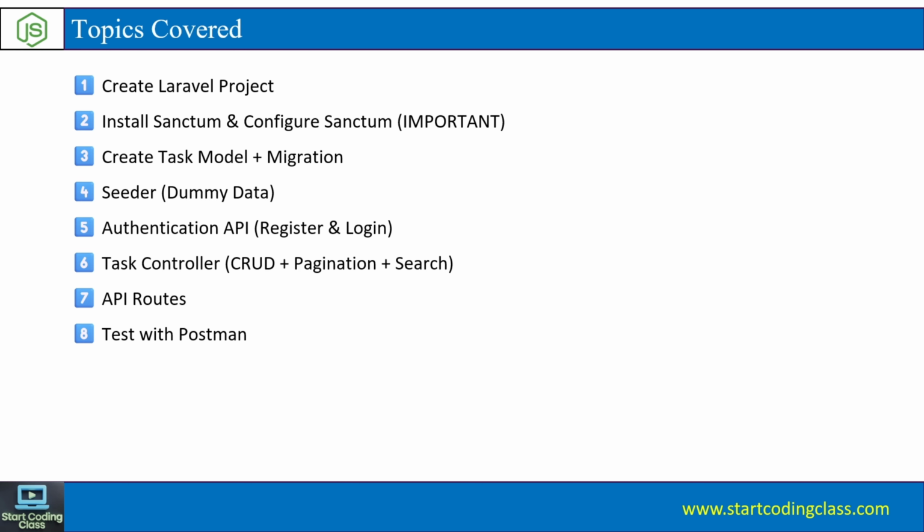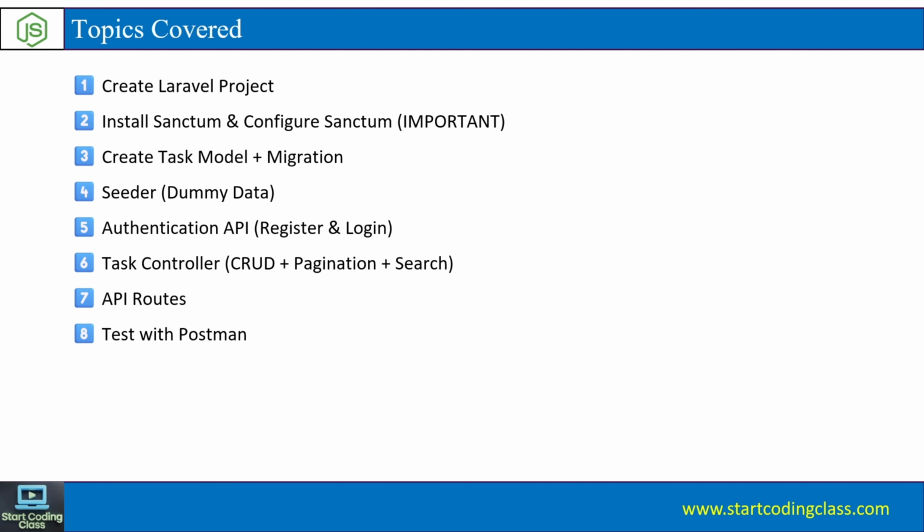We will create a task module and a migration file for that, and also a seeder that will create dummy data in our database. Then we will create the register and login authentication API, and a task controller where we will create CRUD, pagination, search, and the API routes. All the APIs we will test in Postman. This video will be very interesting.